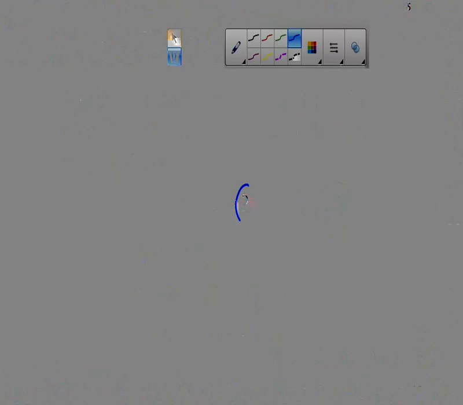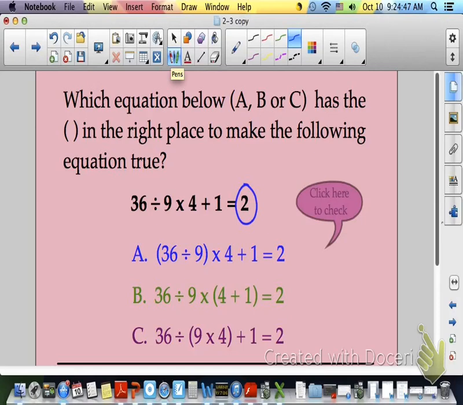And if you do the computation using a pair of parentheses, the simplified answer should be 2. Okay? So the question is, where would the parentheses go? And you have 3 options to look at. So if we do it without the parentheses right now, we're not going to get 2, right? Let's try.